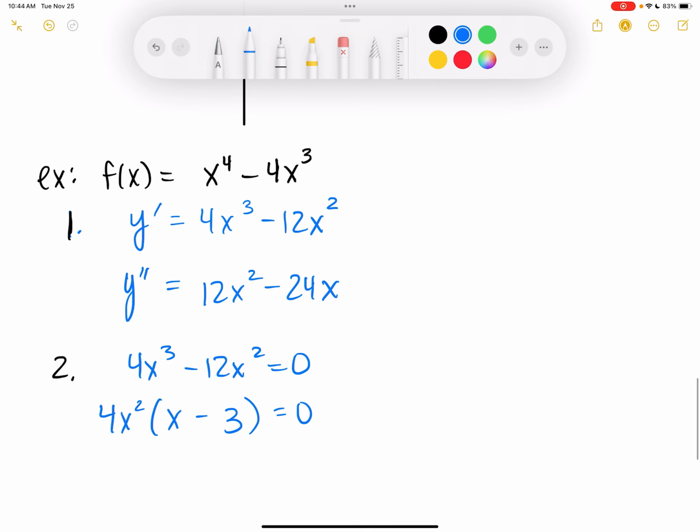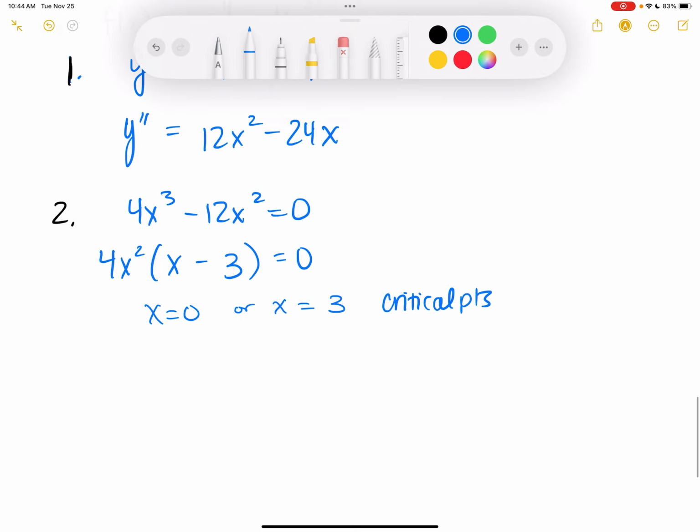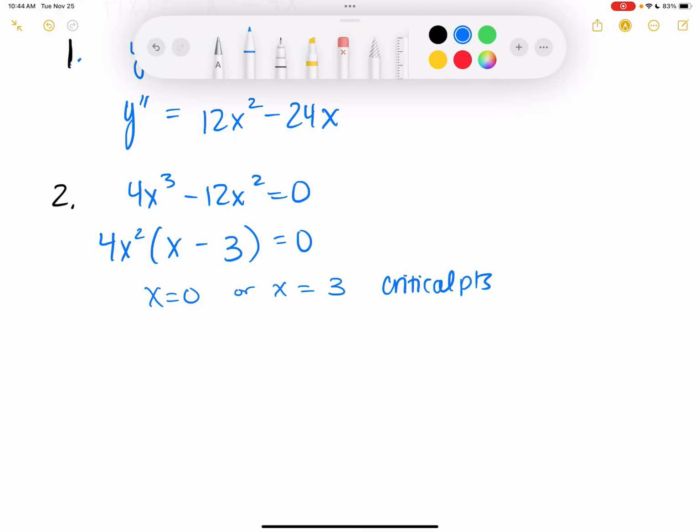So that tells me that x equals 0 or x equals 3. So these are my critical points. And then I'm going to check each one. And just because I know what's going to happen, I'm going to check 3 first. But ordinarily, I would just check them in order.